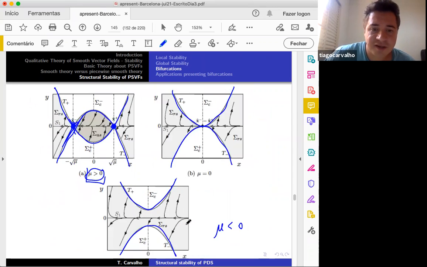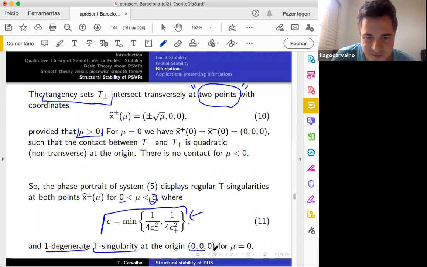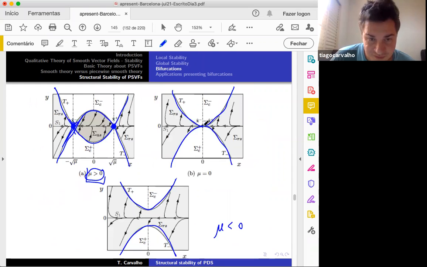And there is a degenerated T singularity at the origin, for m equal to 0, that corresponds to this case. So these two Teixeira singularities crash at this point, and so they disappear.